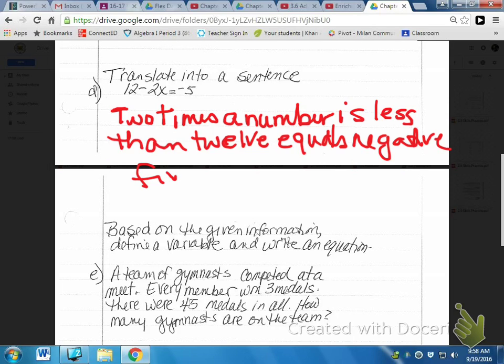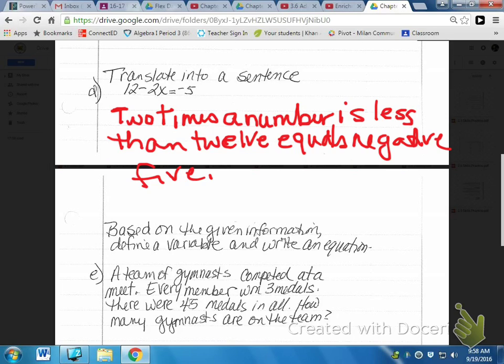I was thinking of something a little simpler than that, but hers actually works. I might actually write 12 minus 2 times a number is the same as negative 5. Any of those would work. Or you could say the difference of 12 and 2 times a number is the same as negative 5.